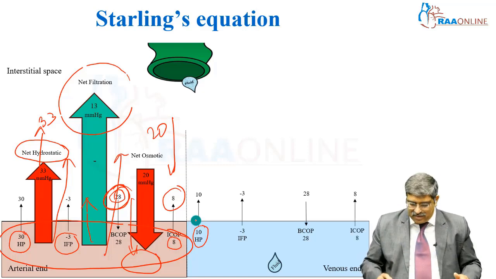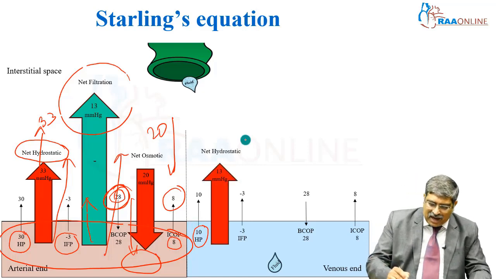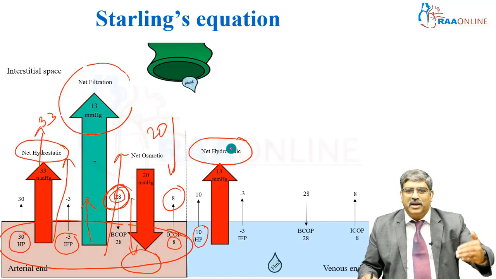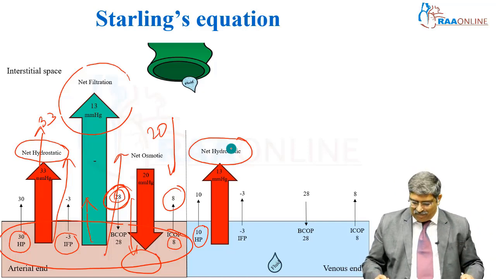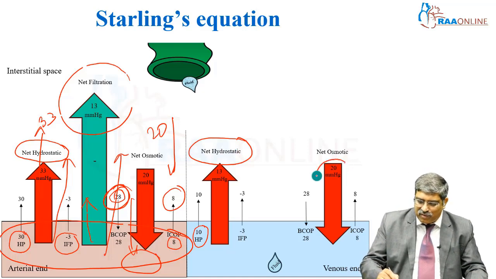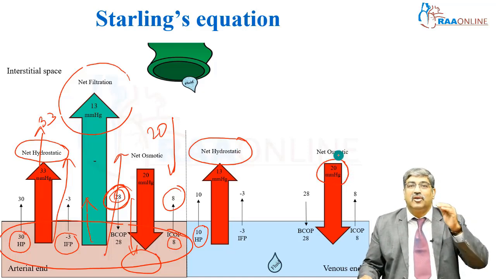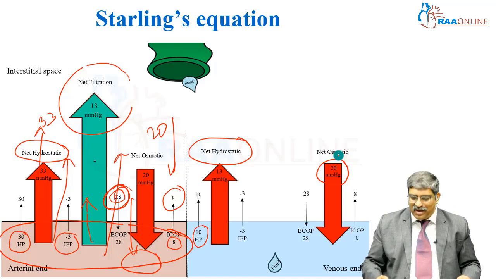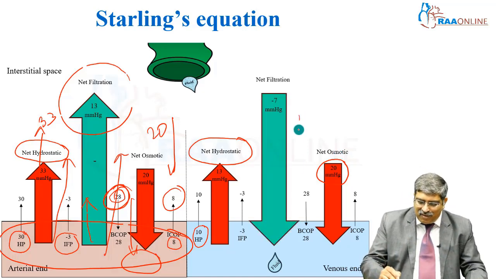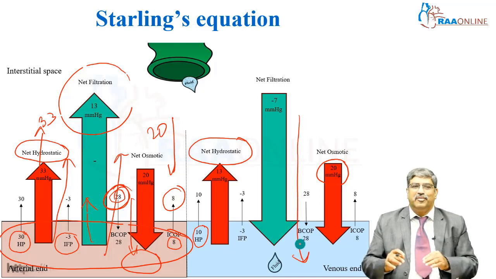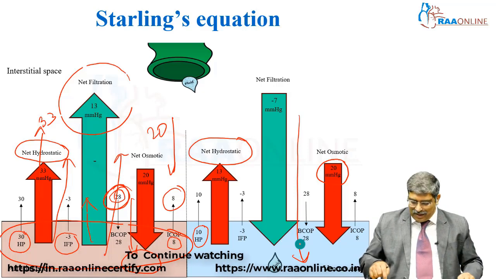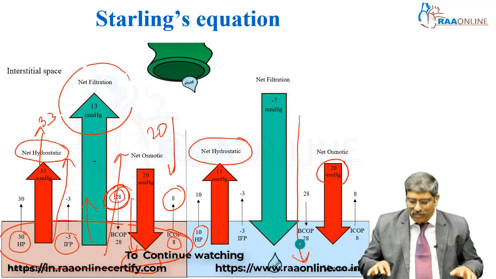If you combine this filtration pressure, the hydrostatic pressure which moves the fluid out of the capillary is only 13 millimeters of mercury, but the oncotic pressure which retains the fluid in the capillary is around 20 millimeters of mercury. If you take these two values together, there is a force of 7 millimeters of mercury which retains the fluid in the capillary. This point you have to understand.